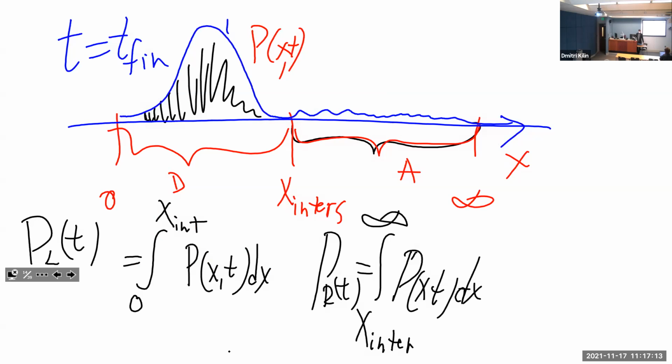Here are the observables that we did cover in the last lab, but they were not covered in your presentations. If one is speaking about completion of some reaction, then it's very typical to chop the space into regions corresponding to reactant and product, and then integrate until this midpoint, and from the midpoint to the end, and then the probabilities here and there will be the probability of reactant and product.